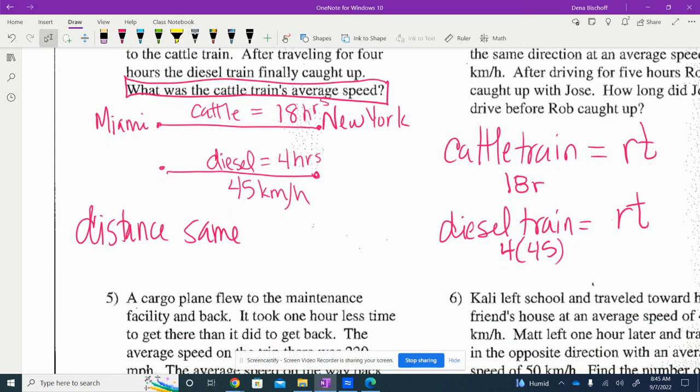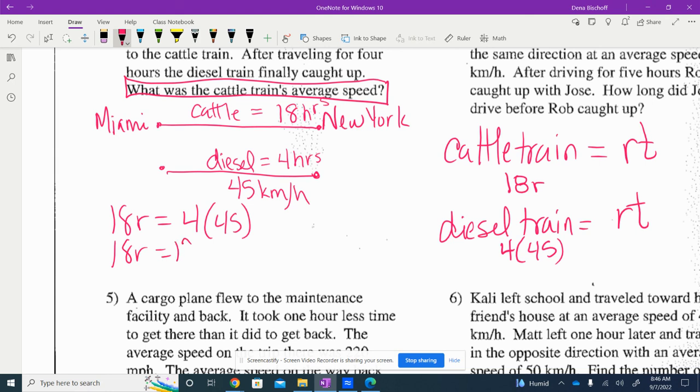So we said that these are the same. So I have 18R equals 4 times 45. That means 18R equals 180. Divide both sides by 18. And the cattle train is traveling at a rate of 10 kilometers per hour.